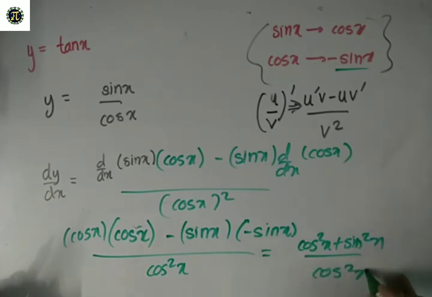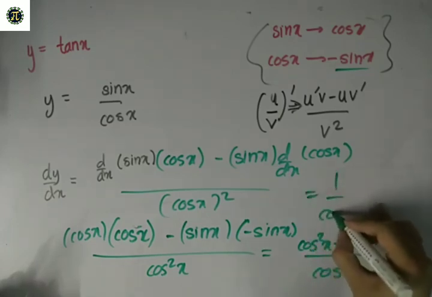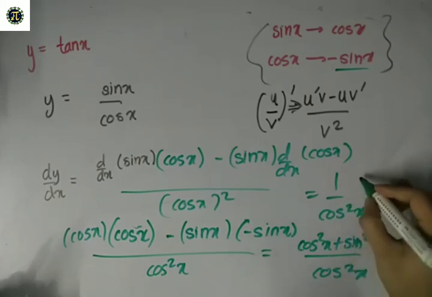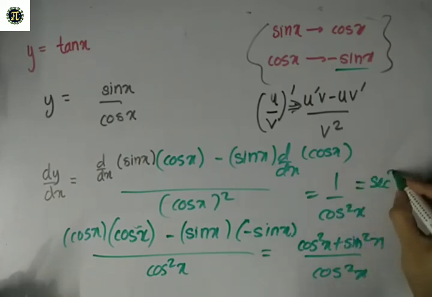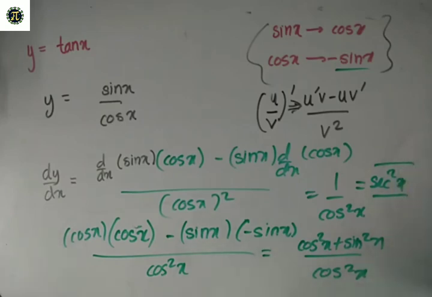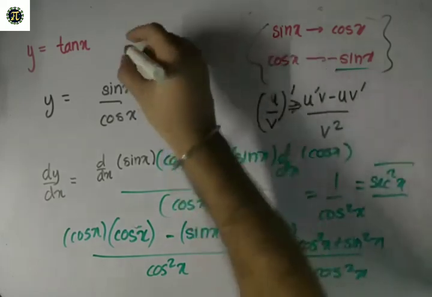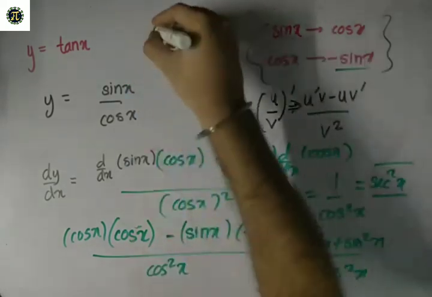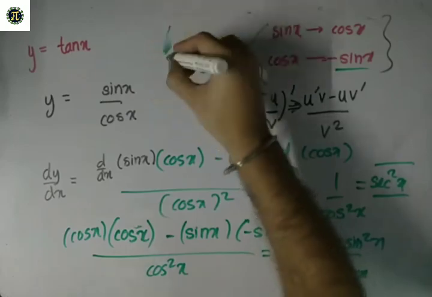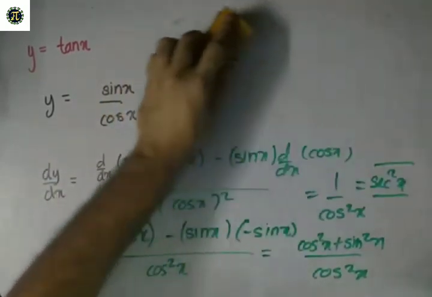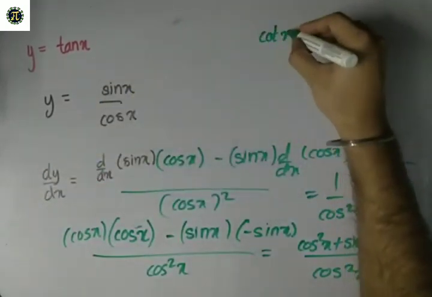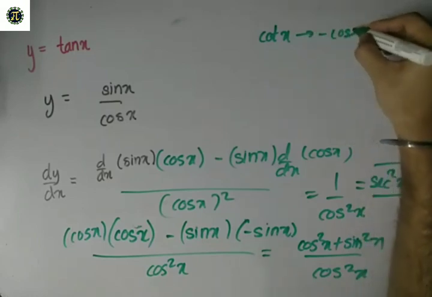So numerator becomes 1. So this is 1 by cos square x, and the answer is secant square x. So the differentiation of tan x is secant square x. We can do it by the quotient rule. And so maybe as now you can prove, now it's very easy, right? Yeah, you can prove that cot x has a differentiation of, it should be very easy for you, no? Cot x has a differentiation of minus cosec square x.